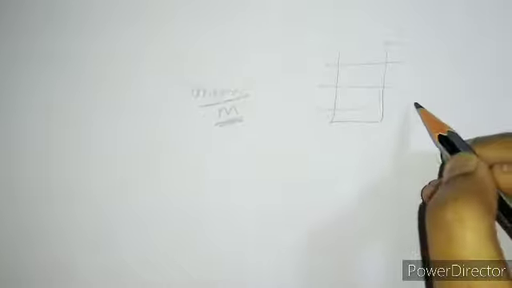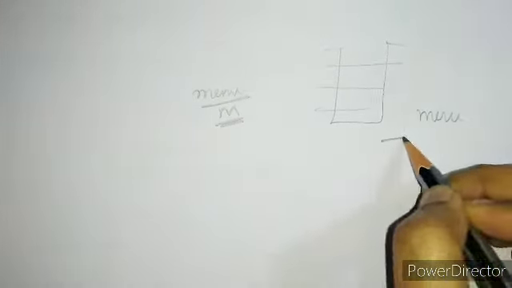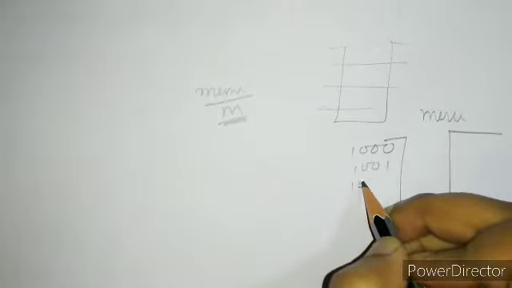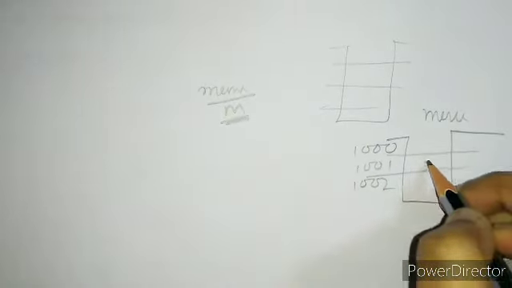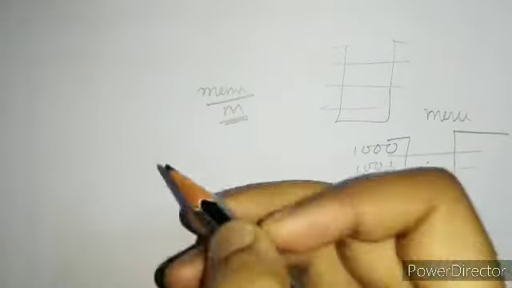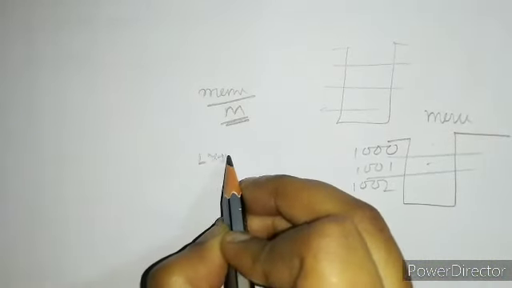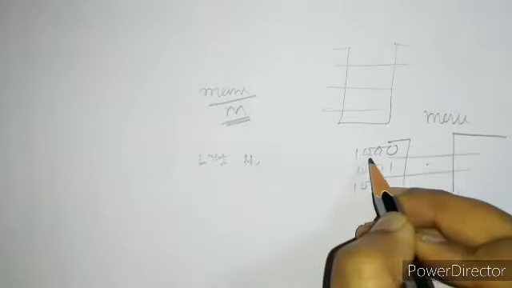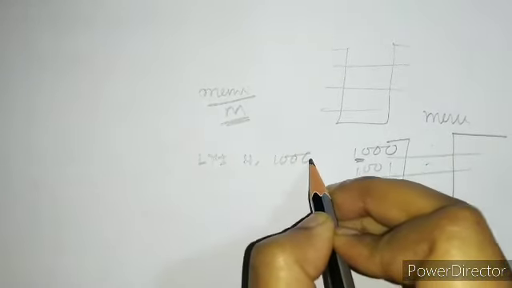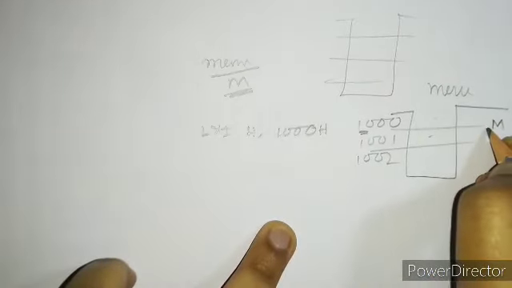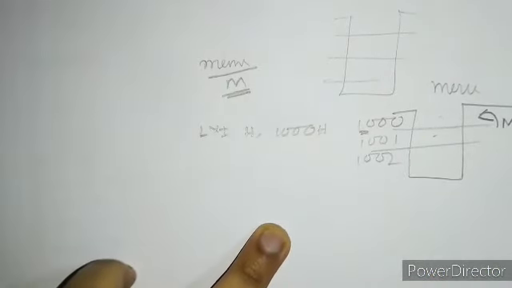Let's get clear. Suppose this is our memory. There are thousands of locations. I can store my data there. So for that, first I have to initialize my HL pair with this address. So now M will point to this location.